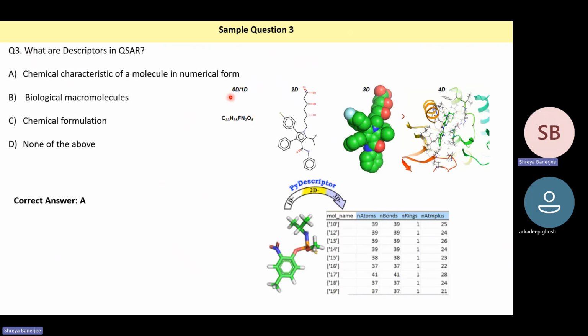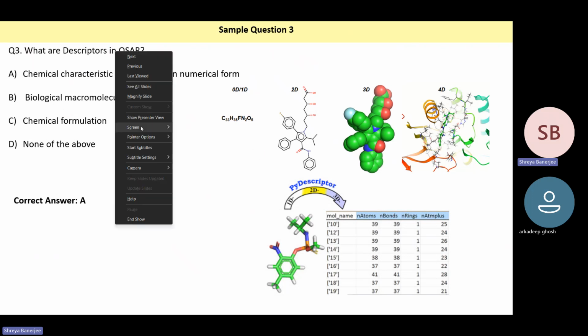We know the 0 and 1 dimensional descriptors are basically the molecular weight, molecular formula, number of atoms, and so on. The 2-dimensional descriptor is the connectivity. 3-dimensional descriptors are the different atomic XYZ coordinates. And 4-dimensional descriptors are the intermolecular interactions.